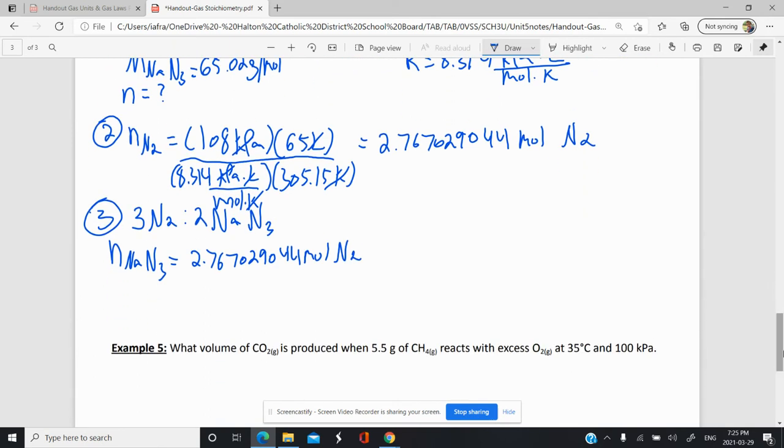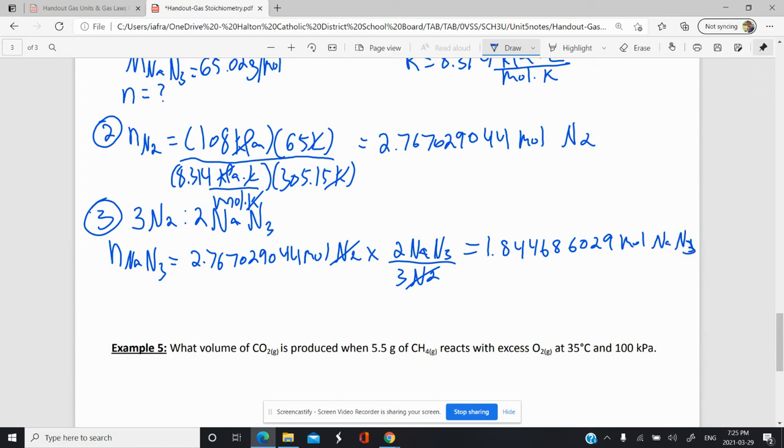Now, you don't have to write all those digits down, but do keep them in your calculator just to make sure that you're not rounding too early, times 2 moles of NaN3 for every 3 moles of N2. And so the N2s cancel out. So we have basically just times 2 divided by 3, and we get 1.84468629 moles of NaN3.